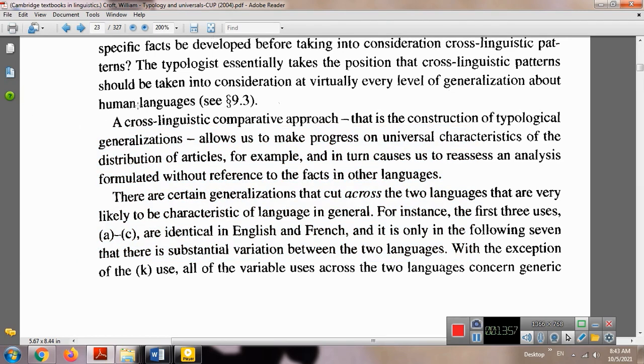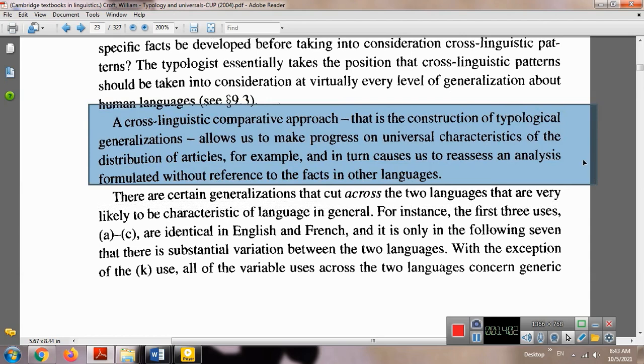This is important. I want to repeat it again. Dear student, I'm forced to read line by line because I want you to know all of them. This is the introduction to typology.